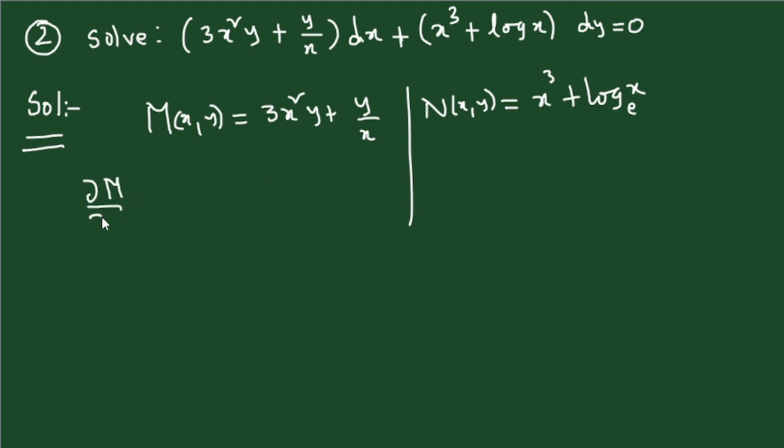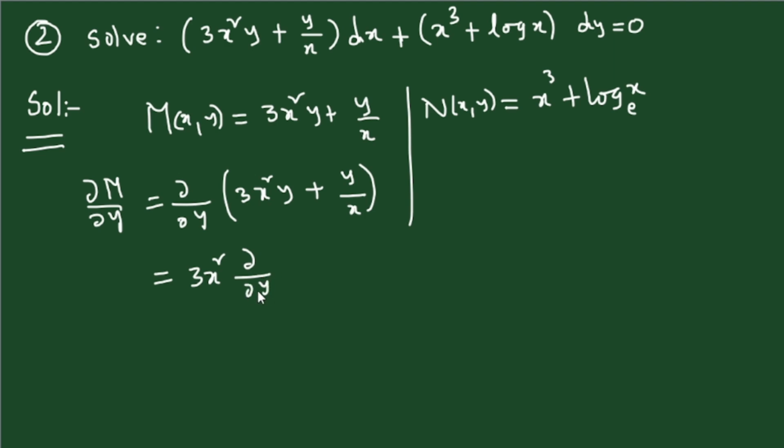Now dou M by dou y we should consider first. Dou M by dou y of M, which is 3x square y plus y by x. We are differentiating with respect to y partially. Therefore, everything related to x, we should treat it as a constant. So here 3x square becomes constant, and 1 by x is a constant.